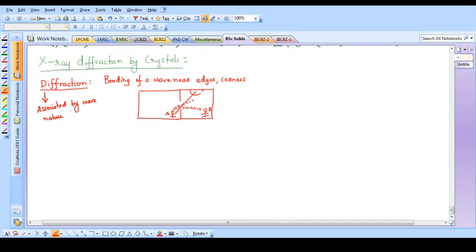And as both light and sound are waves, one should expect diffraction to be observed for both sound as well as light. So the question arises, why does light not bend whereas sound bends? The answer to this question is that there is an important condition that one has to satisfy.